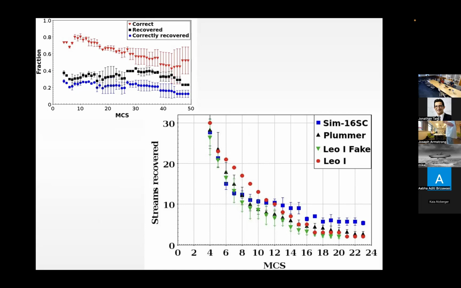You measure here 10 streams. If it's not a simulation, you wouldn't know which of the 10 streams is real and which one is just a false detection. But you see, it's more than you would expect by just this exponential decrease. And do you include binaries in the models?